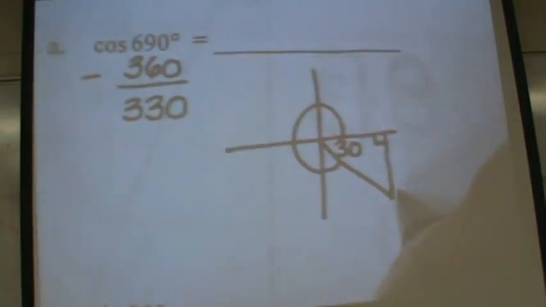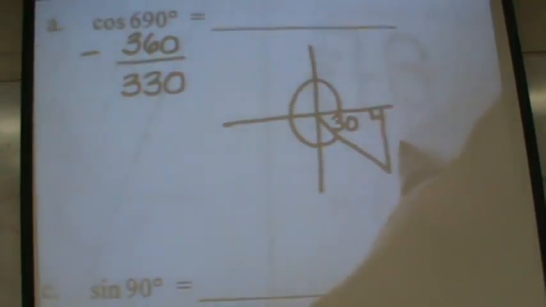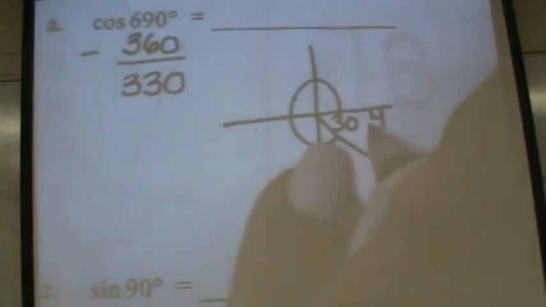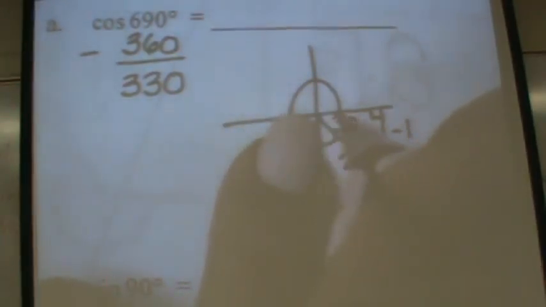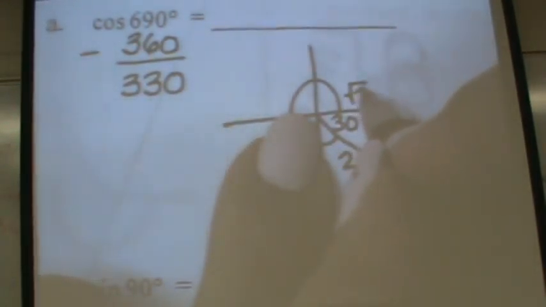There's your right angle. Label these sides. The side opposite the 30 is 1. But I'm going to call this negative 1 because in quadrant 4, the y value is negative. The hypotenuse is double. Hypotenuse is always a positive number. And the side adjacent would be root 3.